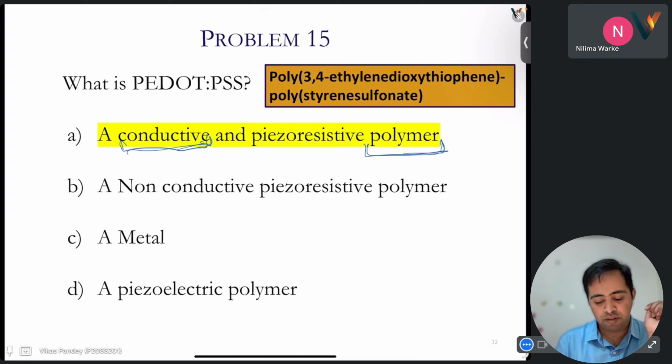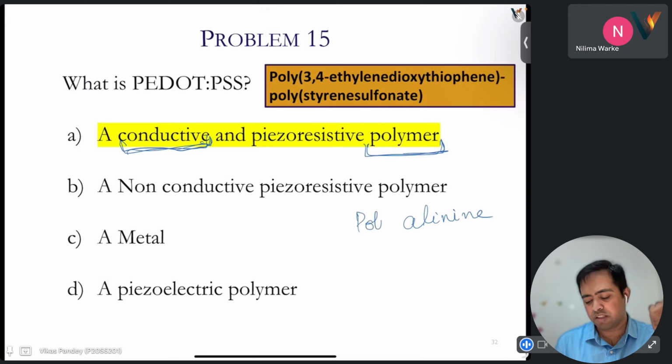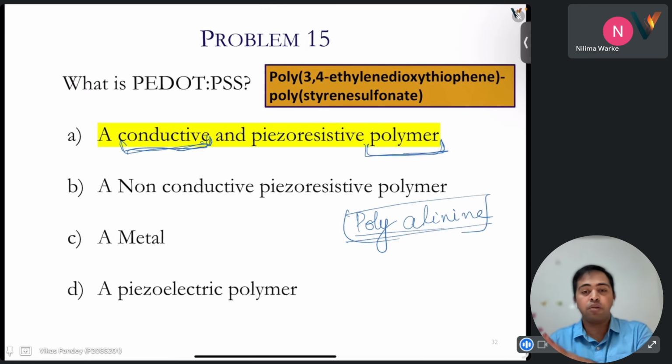There are other conducting polymers like polyaniline, and many others. Conducting polymers are a different field of study in themselves, and a lot of work is being done in that field.